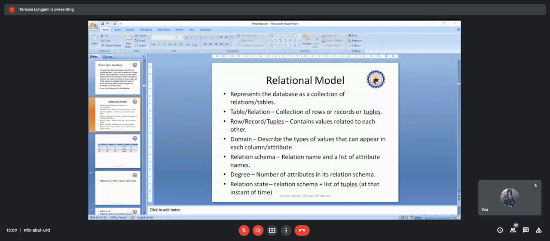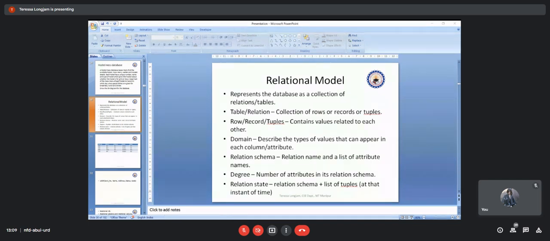So we saw what is entity relationship model, and I told you that it is a conceptual model which is used to represent our database, isn't it? So same as that, this relational model is also a conceptual model.